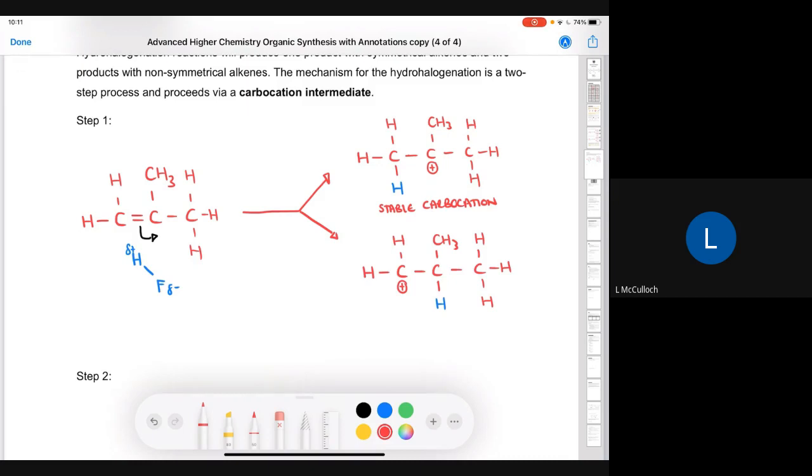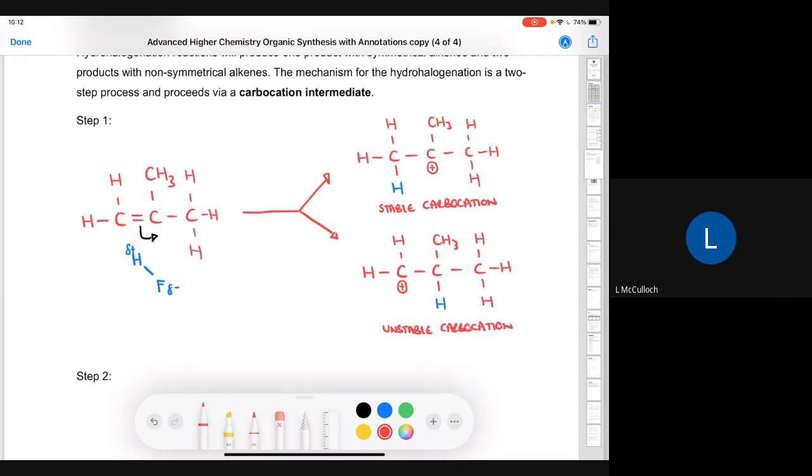Now, if we look at that carbocation, it's got one quite large alkyl group attached to it. It's got 3 carbons and 7 hydrogens attached to it. So it's quite a large alkyl group. However, it's only one alkyl group. So it's going to be pretty unstable. So what we've got here is an unstable carbocation.